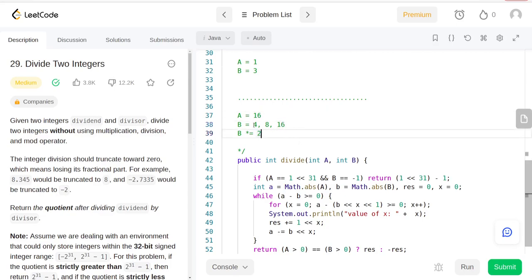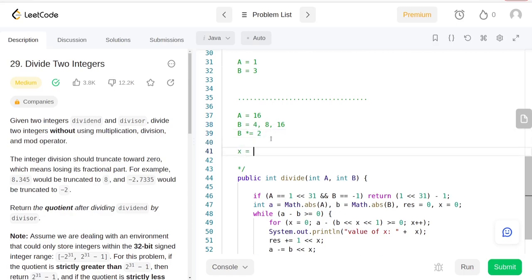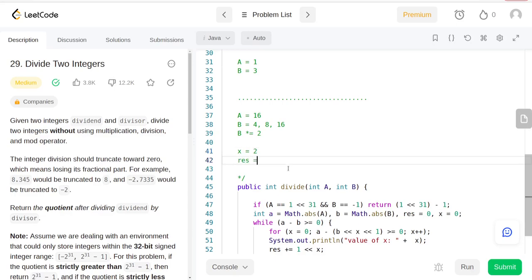And how many times we multiplied b by 2, that would be the factor. That would be 1, 2, right? And then our result is basically plus equals to, it starts with 0 but it becomes 2 raised power that factor. That would make it 2 raised power 2 is equal to 4. That is 4.